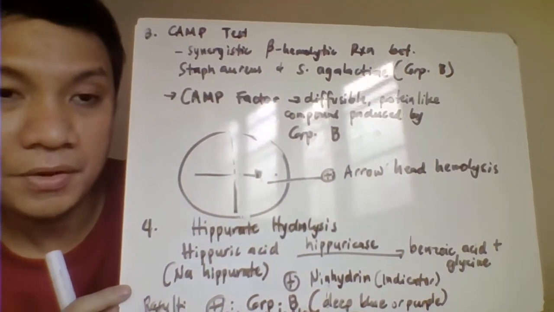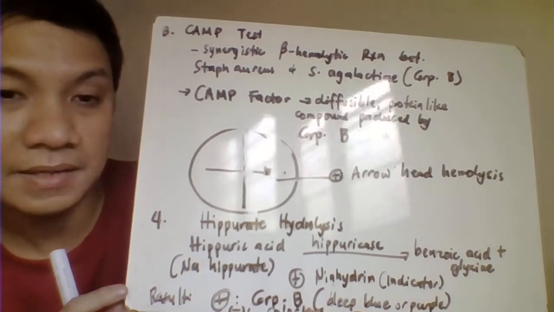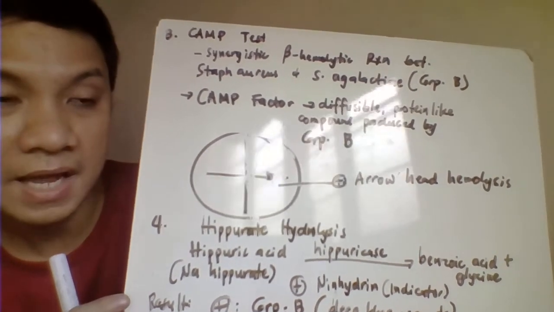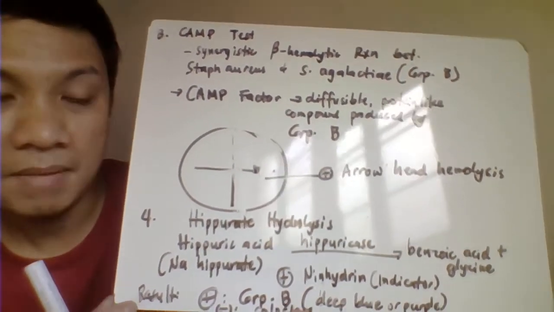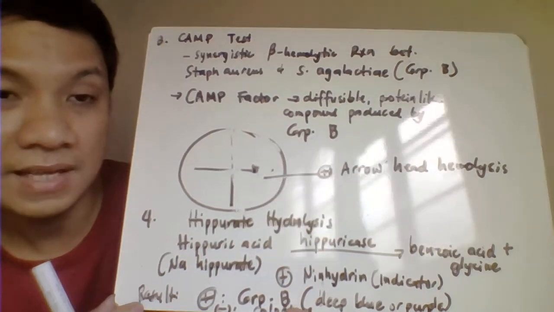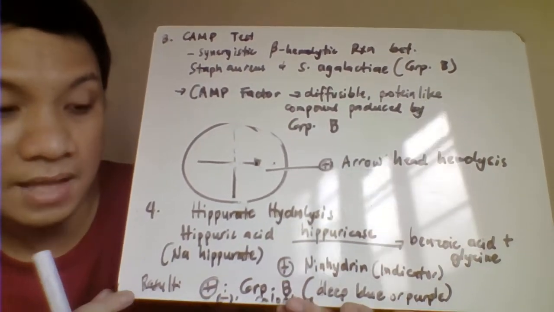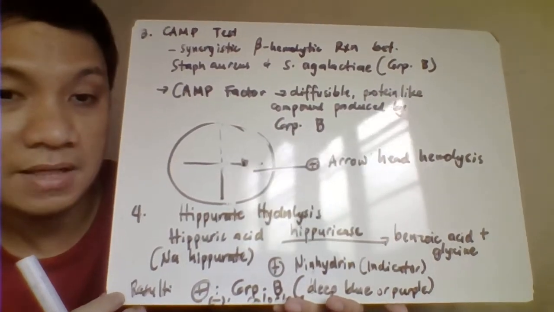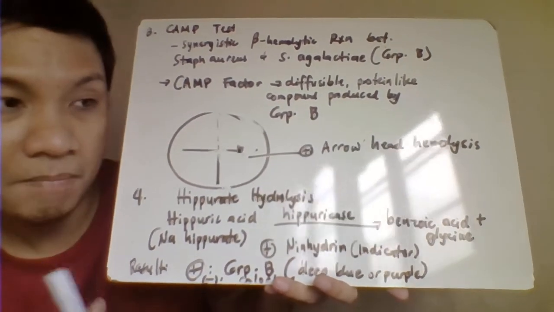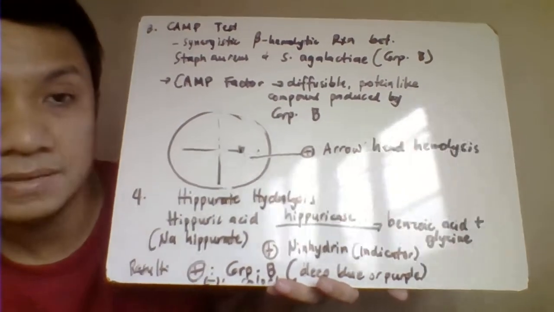Another one, your hippuric acid test, with identification of the enzyme hippuricase. It is based on the ability of bacteria that contain the enzyme hippuricase to hydrolyze the substrate hippuric acid, in the form of sodium hippurate, converting that to benzoic acid and glycine.